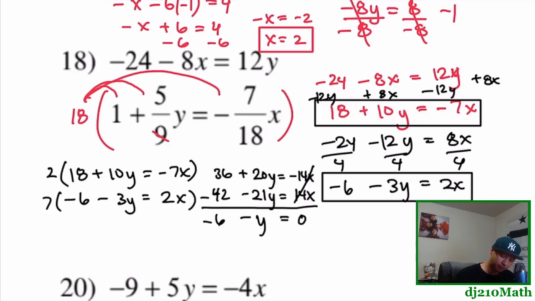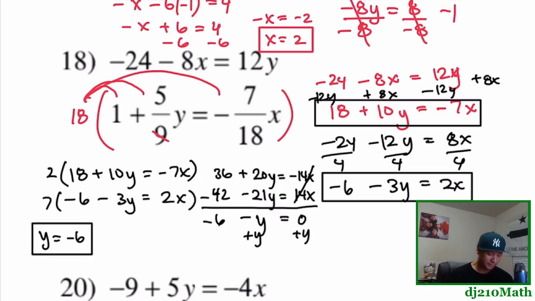Then solving for y, I'm going to add y to both sides. I get y is equal to -6. That's half of the battle. We just have to plug that in somewhere. I'm going to plug it in right here into the smallest one. So -6 minus 3 times -6 equals 2x.